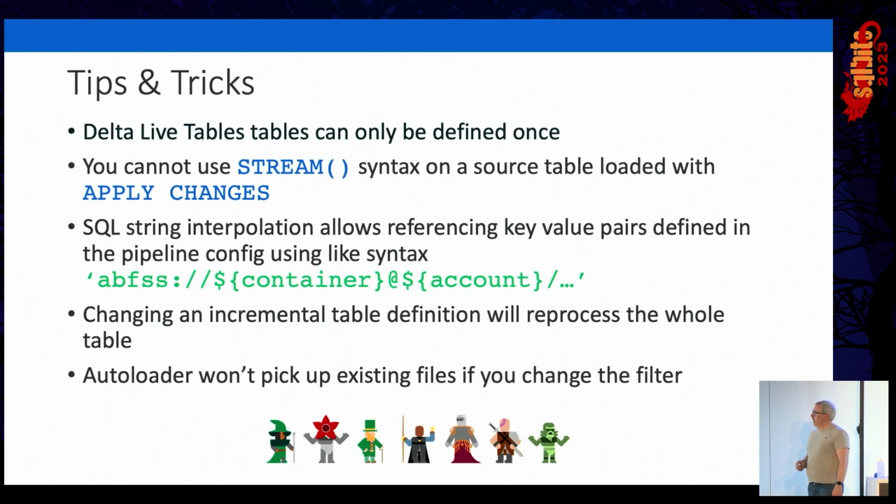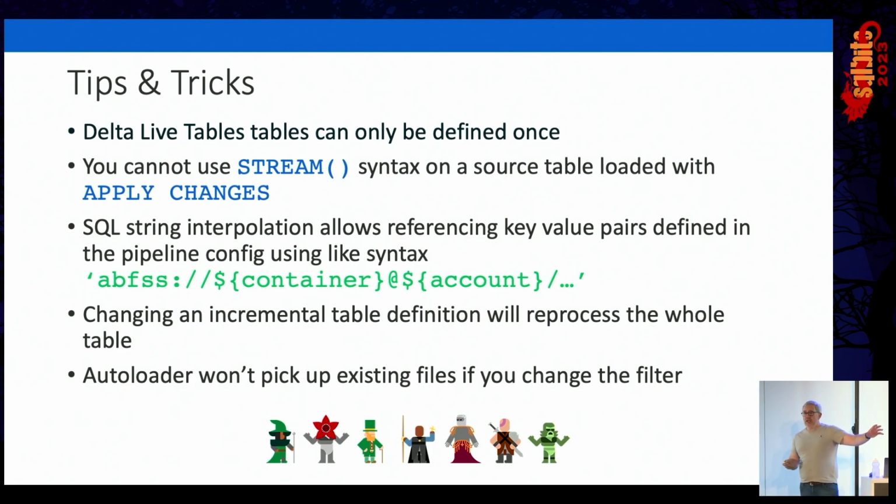Some quick tips and tricks. I might not go through all of these. When you declare a table in Delta Live Tables, you can only define it once. So you can't have two different pipelines, both running and populating the same table. It will not let you do that. The reason is to stop you shooting yourself in the foot and writing things in different ways that aren't supported. You can't use stream syntax on a table that you have loaded using apply changes.